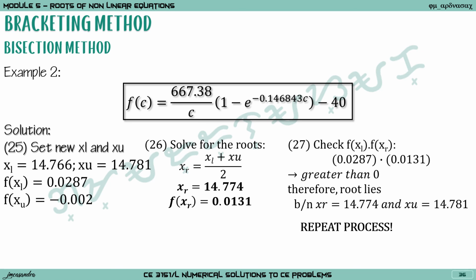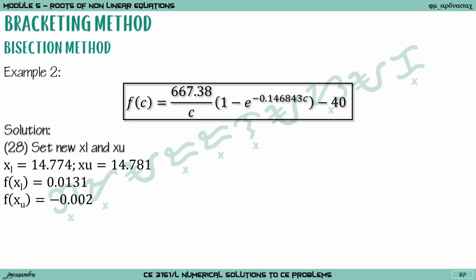Repeat the process again until we arrive at a value of xr which will give a function of xr equal to 0, or we have a repeated value of xr.